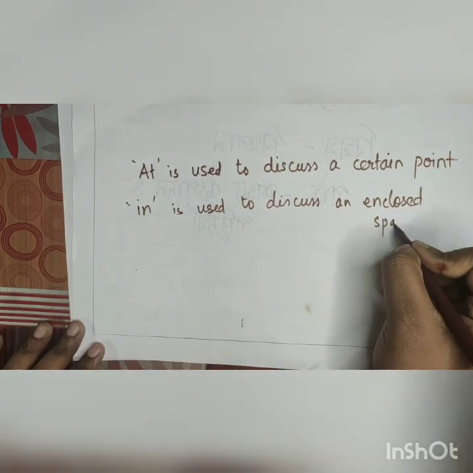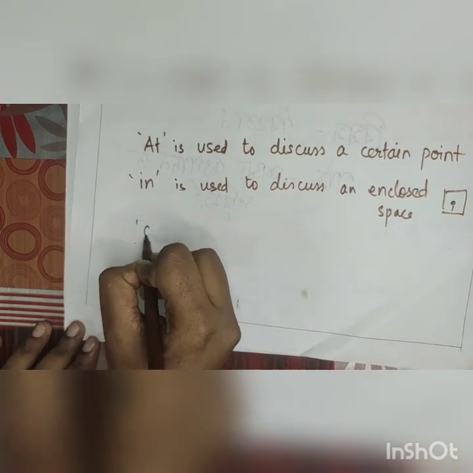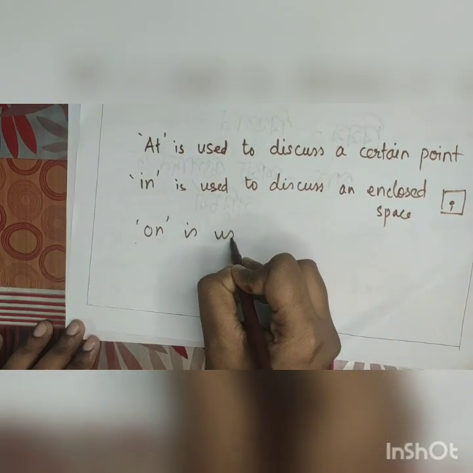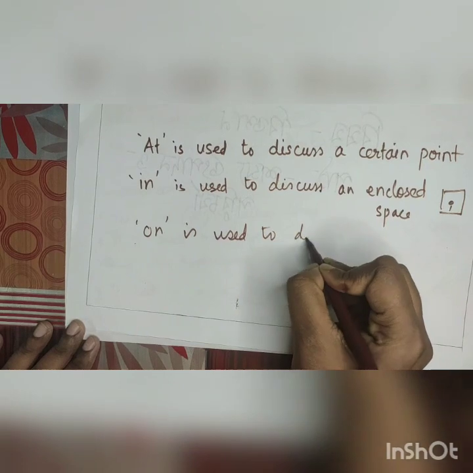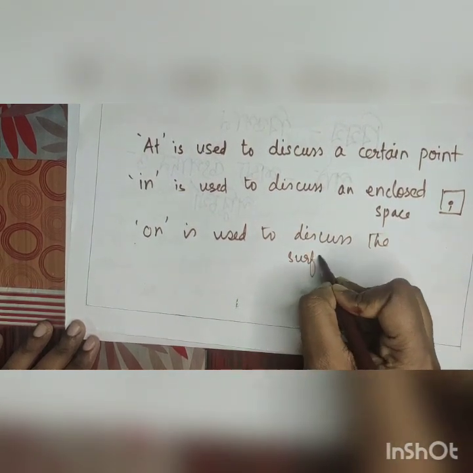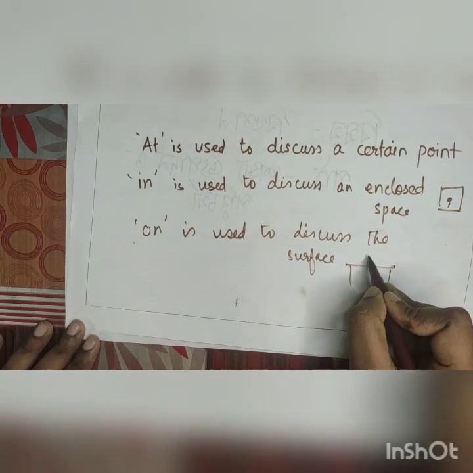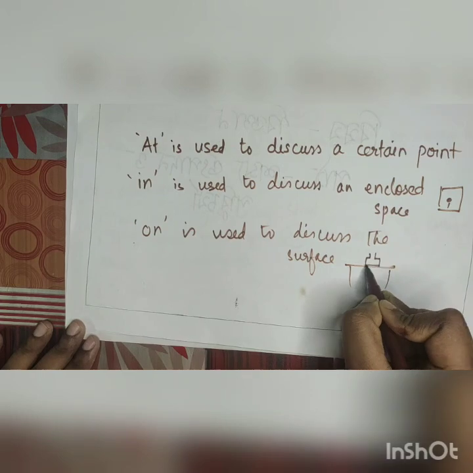Something has to be enclosed in something. "On" is used to discuss the surface. Like, this particular bottle is on the table.